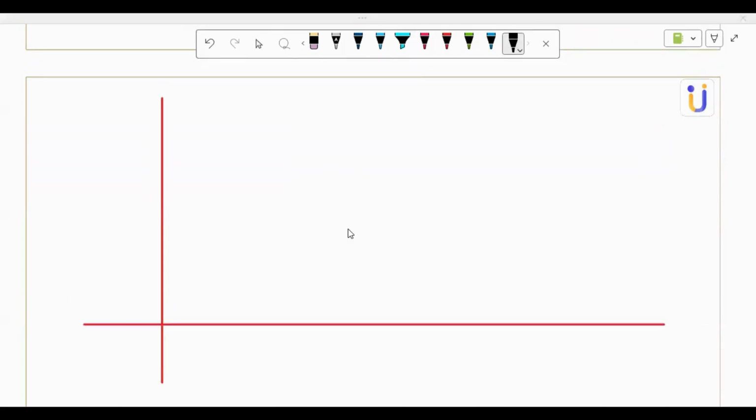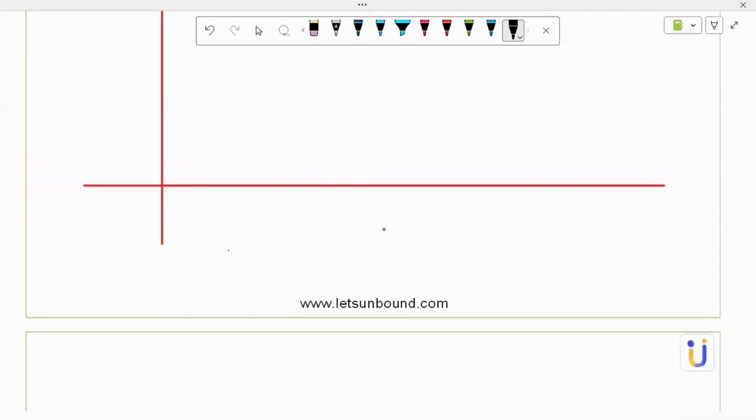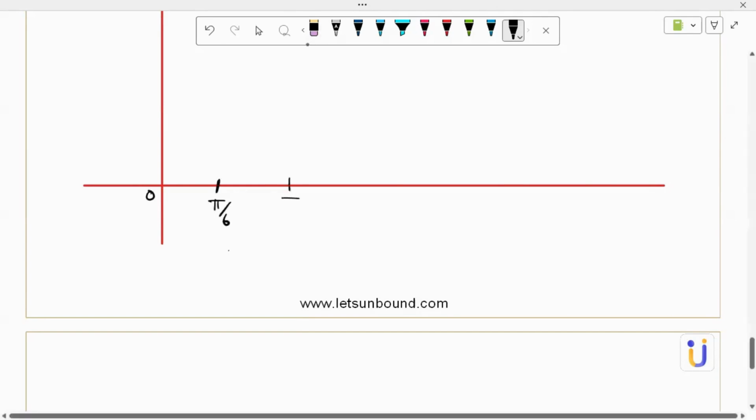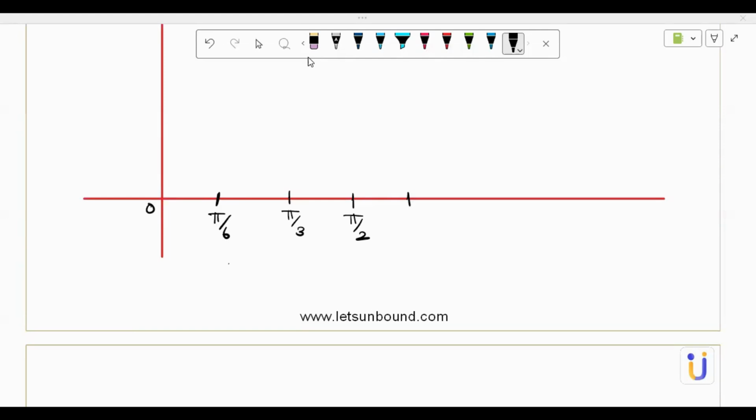So when I divide it into pi by 6, I will get 0, 30, 30, right? Pi by 6, pi by 3, pi by 2. In that way, I need to split, and I have to find all the respective coordinates. So this is the way I am going to do. Like this 0, this is my pi by 6, then pi by 3, then pi by 2. Then it is pi by 2 plus pi by 6, it is going to be 2 pi by 3.